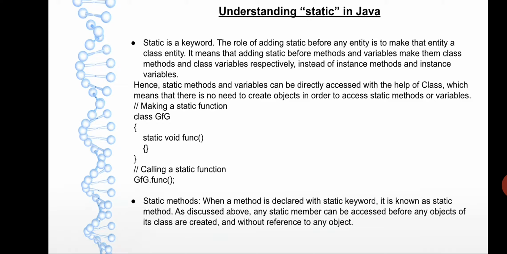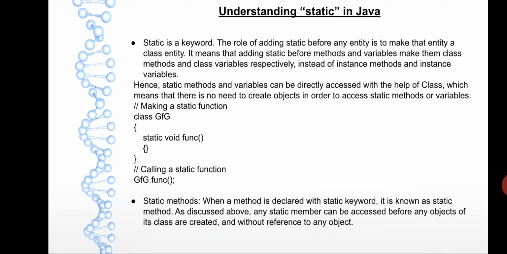It's nothing but a function, or sorry, a method. Outside that, you are directly calling that static method just by using the class name dot that method name. You are not creating the object. This is possible only if you are using the static keyword.